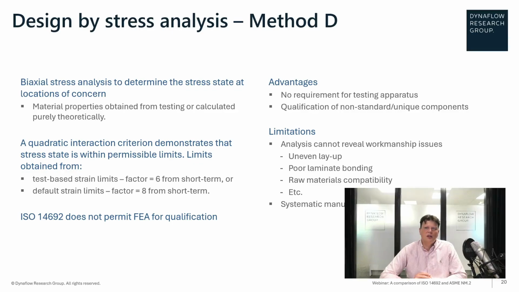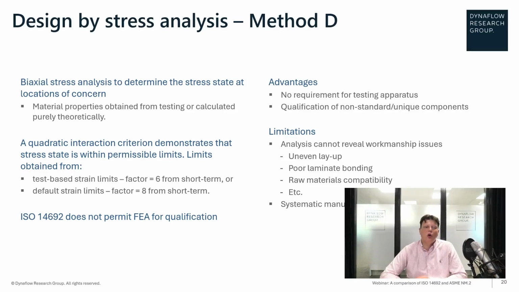From this, once the stress state has been calculated, a quadratic interaction criterion is used to determine whether the stress state is within permissible limits. And here the allowable stresses are either from tests of the actual pipe to be used, so short-term testing of the strain at failure, from which you would have to use a factor of 6 for your allowable, or you can use default strain limits, which then you would have to use a factor of 8.